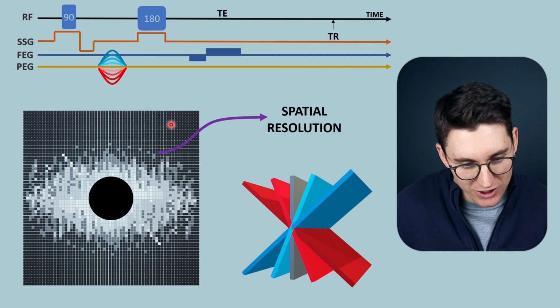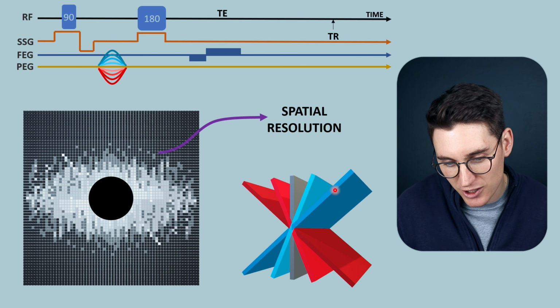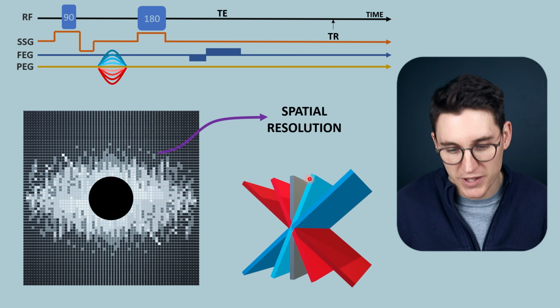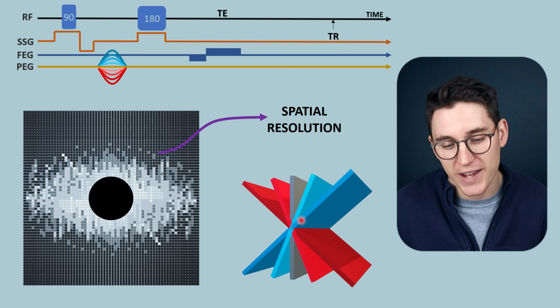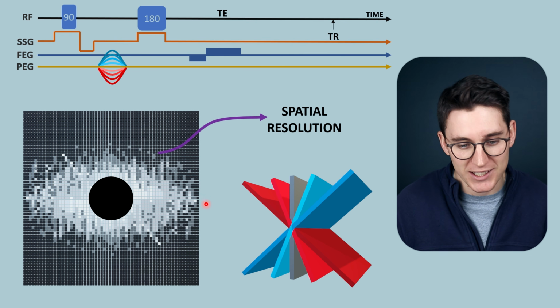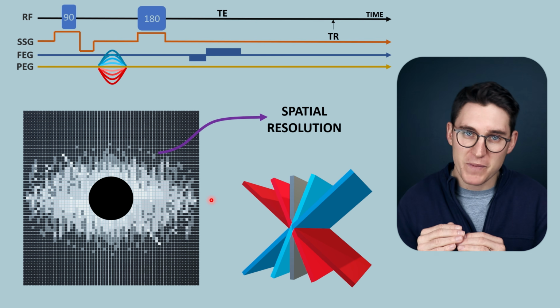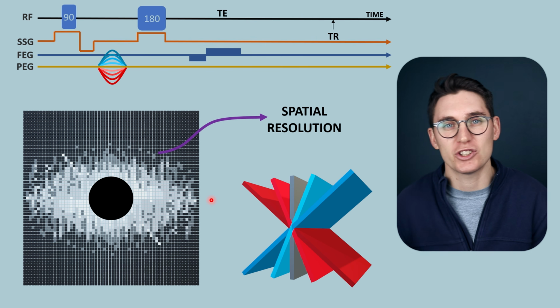So these phase encoding gradients are our strongest phase encoding gradients, and they induce the largest change in phase along the y-axis direction. The smaller the phase encoding gradients, the smaller the rate of change of phase as we head along our y-axis. Now, the way I like to think about this is the rate of change of dephasing increases as we head out to the peripheries, and we can measure rate of change over time.